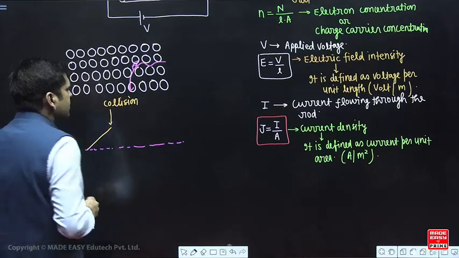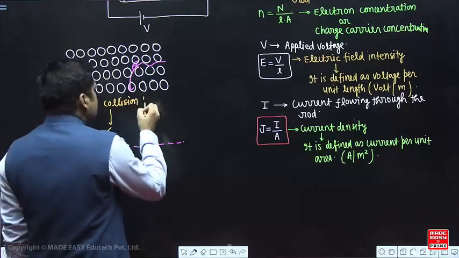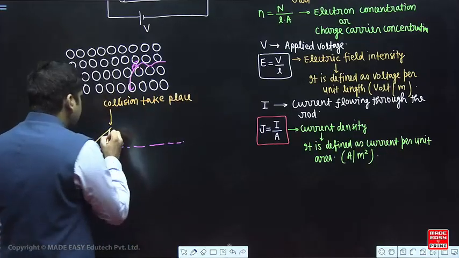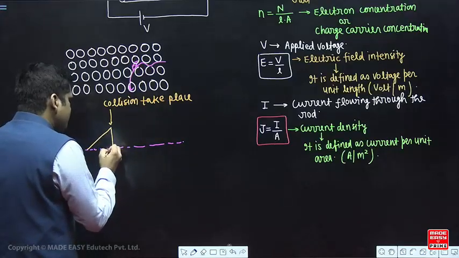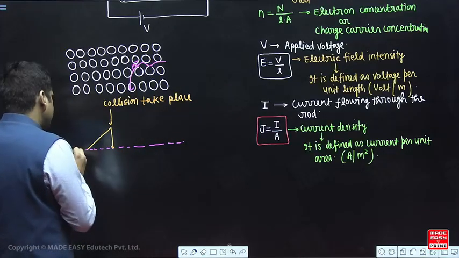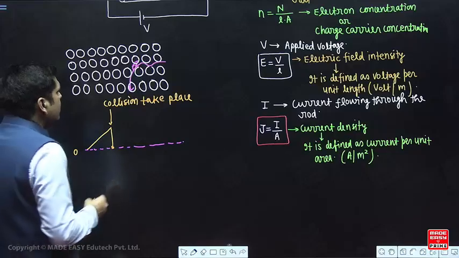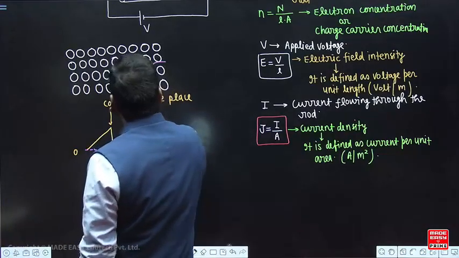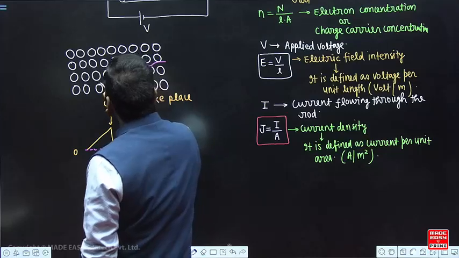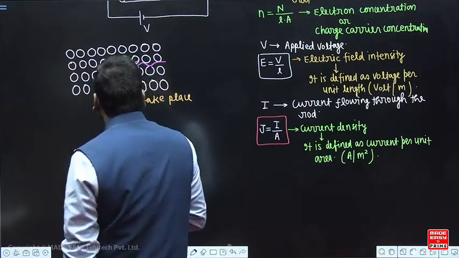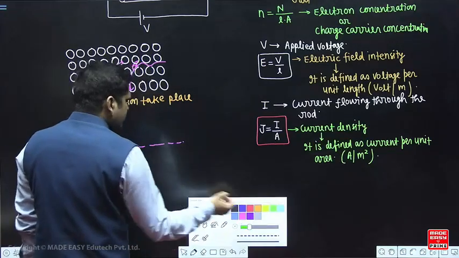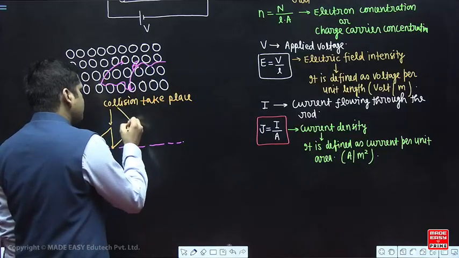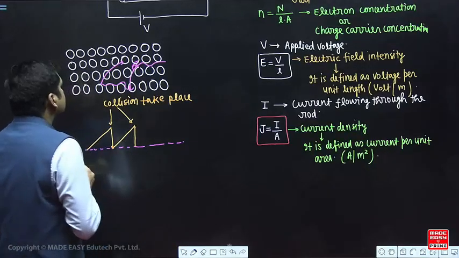It collides, right? So when collision with any atom or impurity takes place, the electron comes to rest. Immediately its velocity becomes 0. This is 0 level. Then again the electric field is everywhere, so this electron again takes energy from the electric field and again starts to move, again collides and is scattered. It increases its velocity, reaches up to a certain point and then again collides and gets scattered.